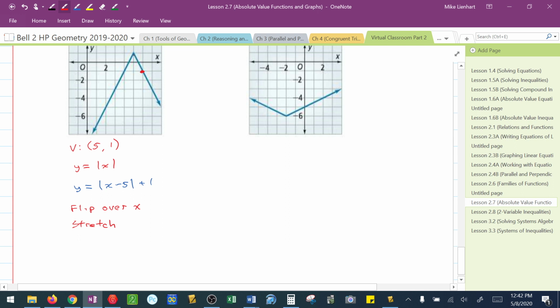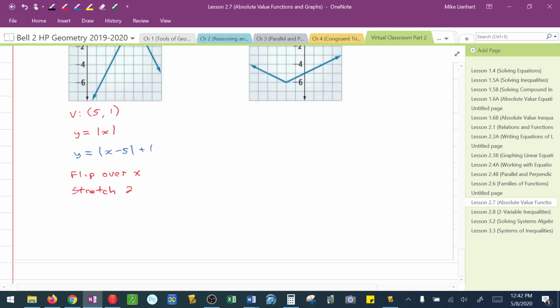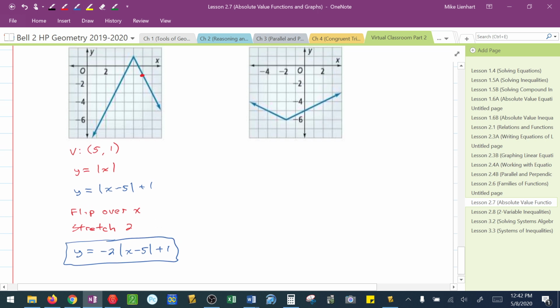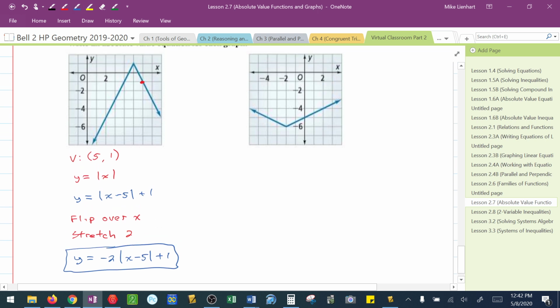And because instead of going 1, 1, I went 1 down 2, I know it's a stretch of 2. So now we're going to bring that in to where we're at. I have y equals -2 absolute x minus 5 plus 1. This is the equation of that graph that they just gave me.